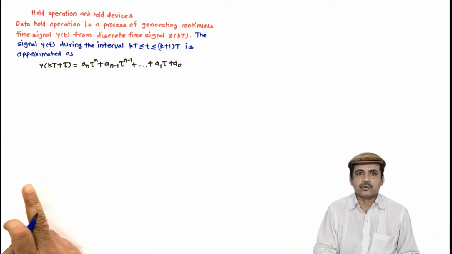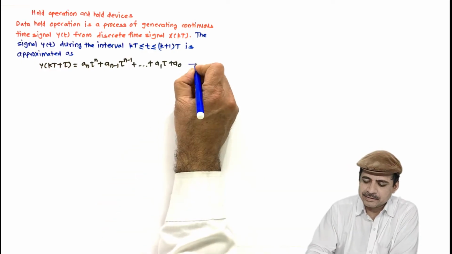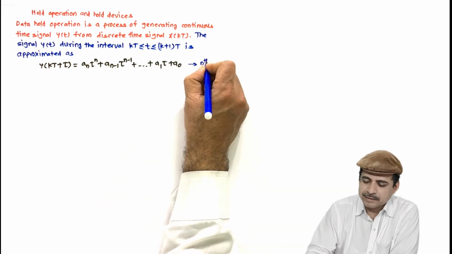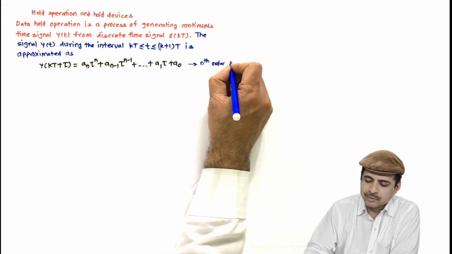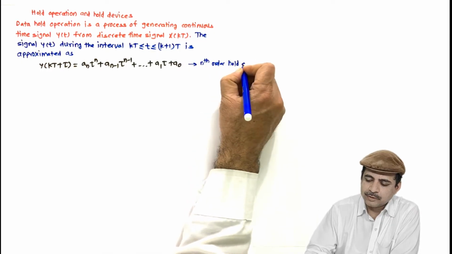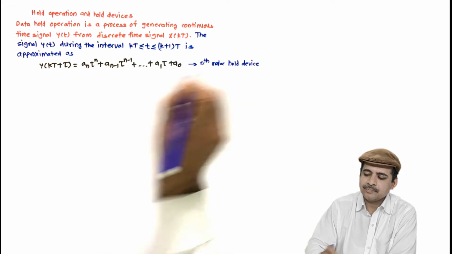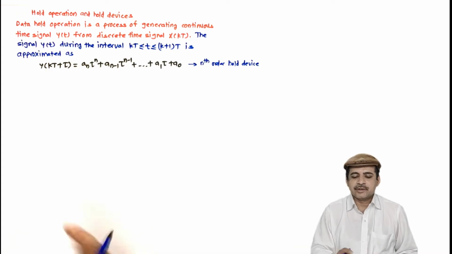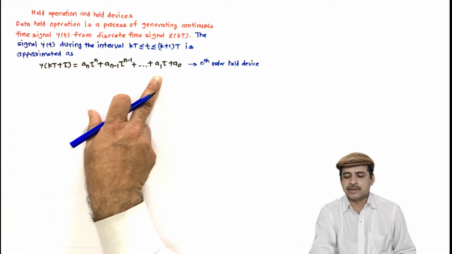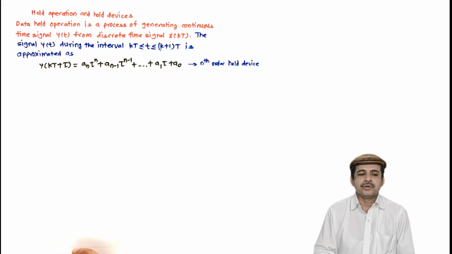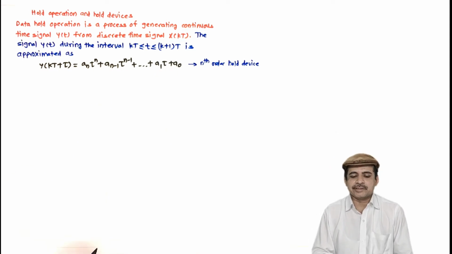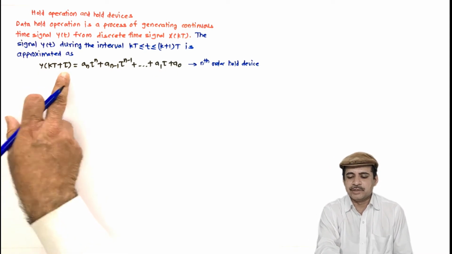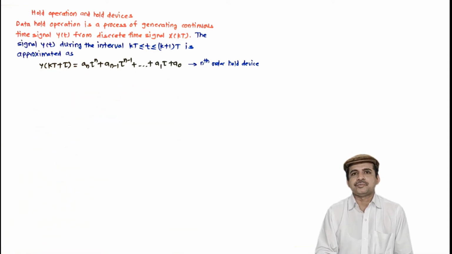For nth order hold, I can say that this is an nth order hold device. Now if it is a first order hold device, y of kt plus tau will be a1 tau plus a0. For a zero order hold device, y of kt plus tau will be a0.